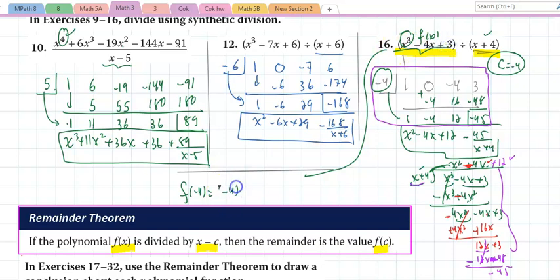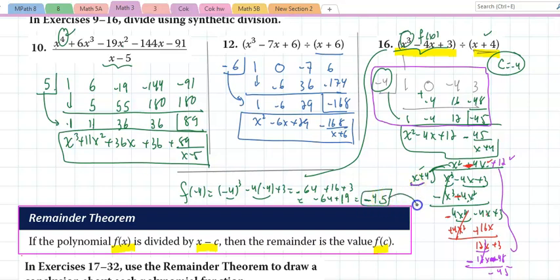That is -4 cubed minus 4 times -4 plus 3. That is -64 plus 16 plus 3. That is -64 plus 19. That's -45.